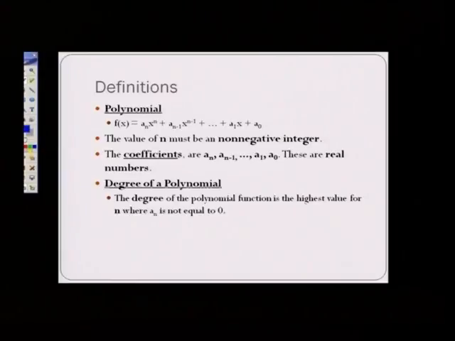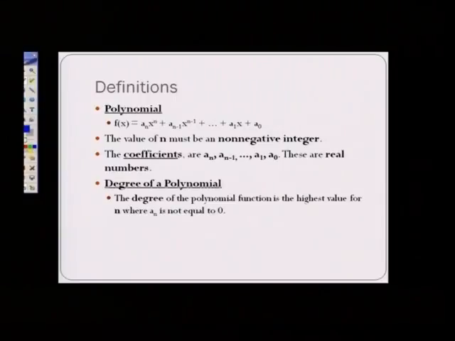Specifically with this one, n greater than 0 and a of n not equal to 0. So in other words, what you're looking for with x is positive integer values. What you're looking for with the coefficients are real values. And then possibly the best behavioral aspect of a polynomial is the degree of a polynomial. It's the highest power, the highest exponent, that has a coefficient not equal to 0.